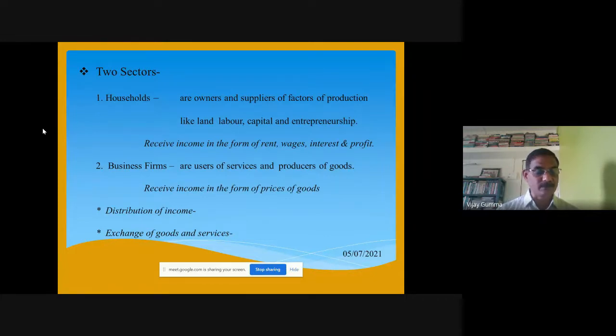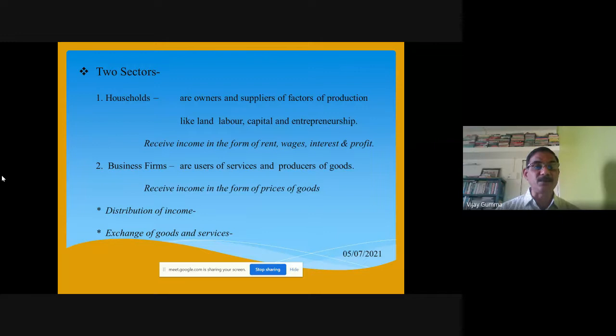See, once again, household sector is the owner of factors of production, and supplies the services of factors of production like land, labor, capital, and entrepreneurship, and receives income in the form of rent, wages, interest, and profit.